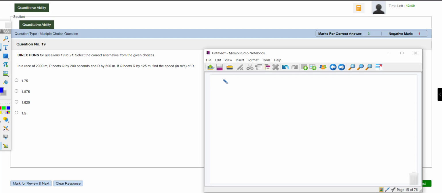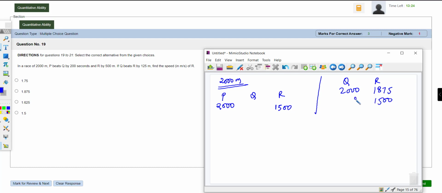So the race is of 2000 meters. When P covers 2000 meters, how many meters will Q cover? We don't know, but R will cover 1500 meters at that time. Then Q beats R by 125 meters. When Q covers 2000 meters, R covers 125 meters less, means 1875. But when R covers 1500, how much does Q cover?